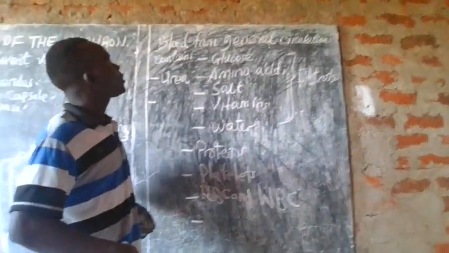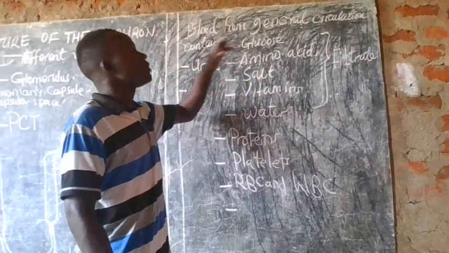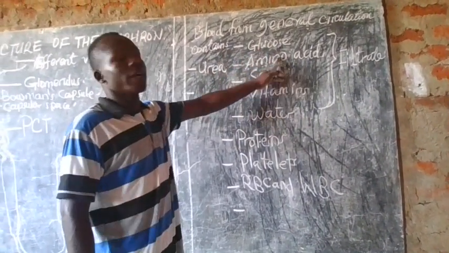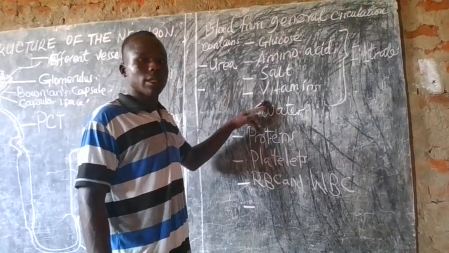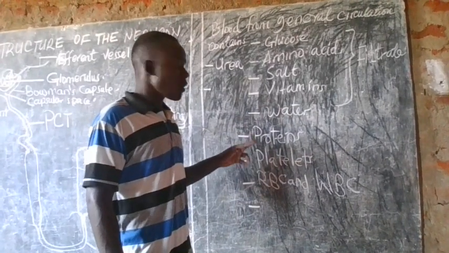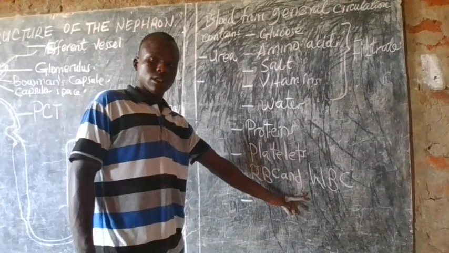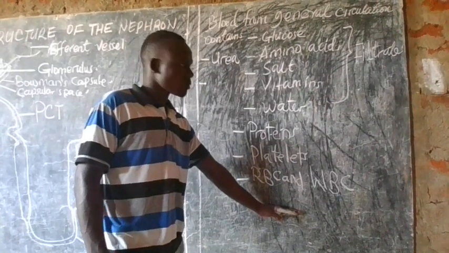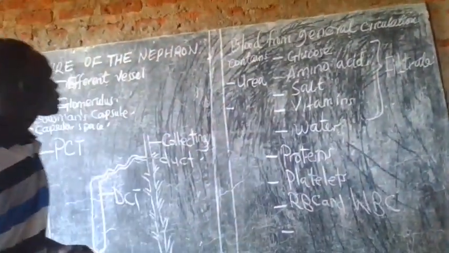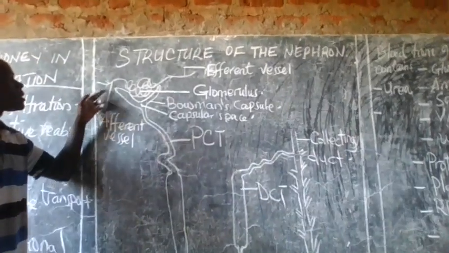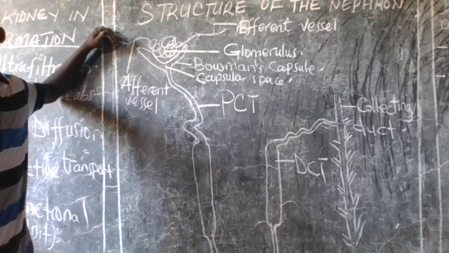Blood from the general circulation contains glucose, amino acids, salts, vitamins, water. We have proteins, platelets, red blood cells and white blood cells, etc. All this blood from the general circulation enters the glomerulus through the afferent vessel.